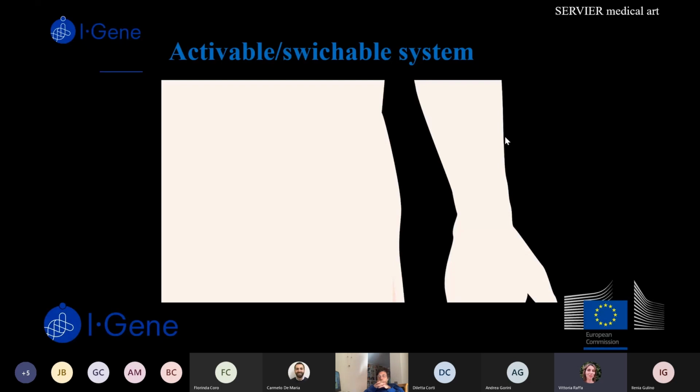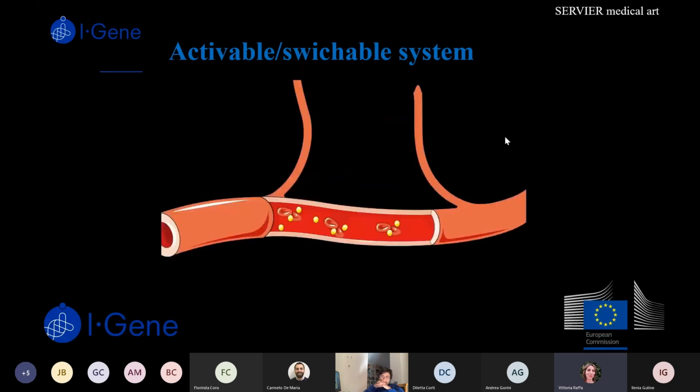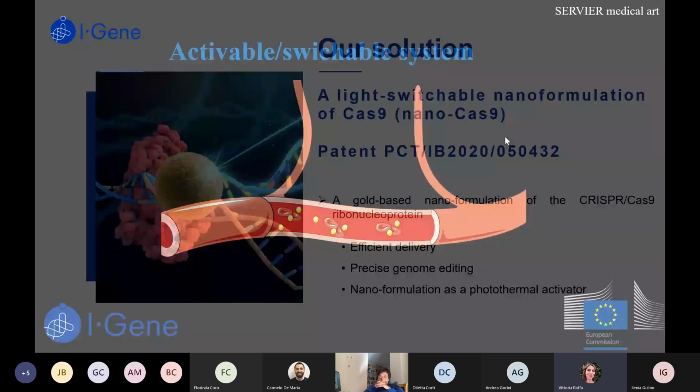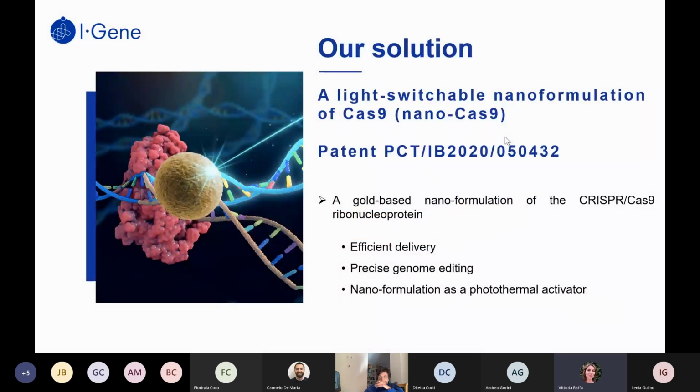Okay. This is exactly what my team is doing in this research project that Valentina mentioned in the introduction. We have an ongoing project with the specific aim to provide this light switchable nanoformulation.